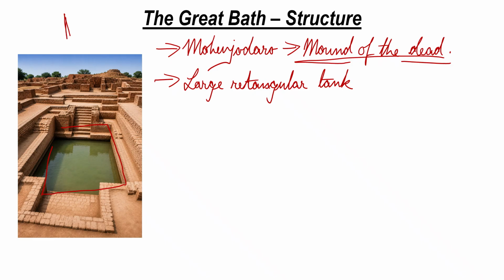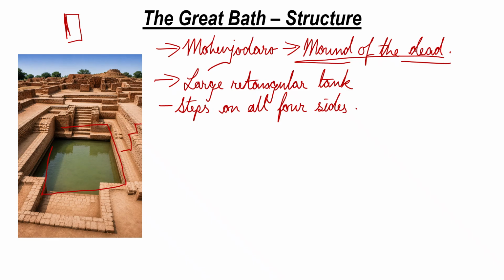So it looks more or less like this. Okay, and it has steps on all four sides. So you can see there are steps like this on all four sides.